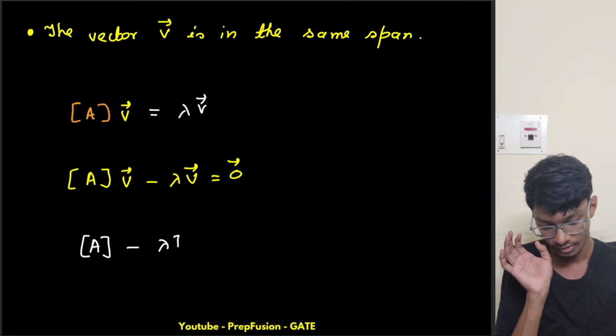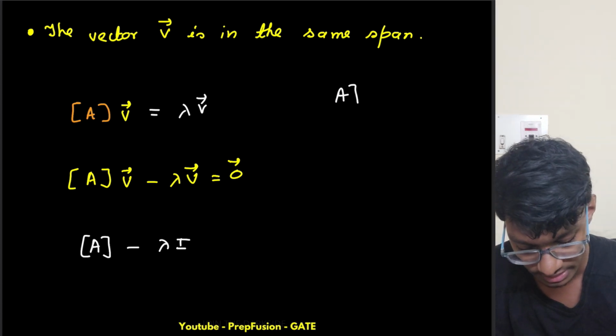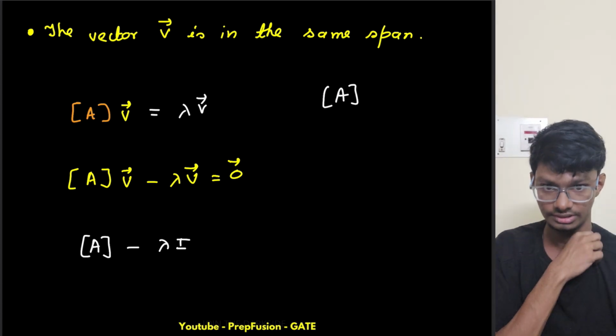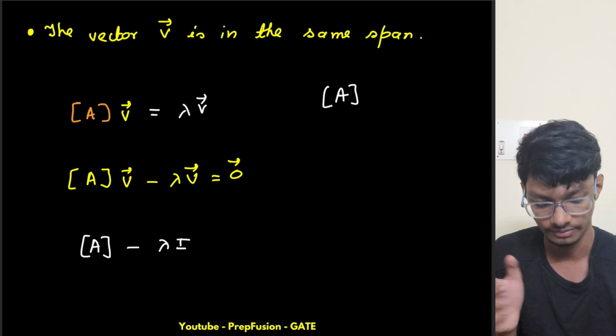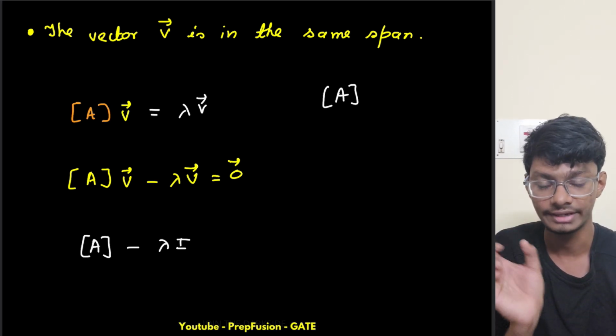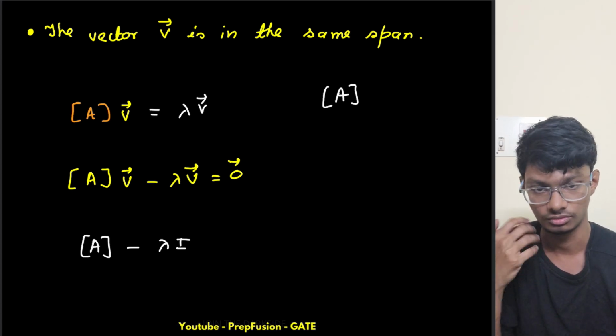Now one more thing: let's say this A is a square matrix. Eigenvectors and eigenvalues are defined for square matrices. I am not going into too much detail, I just need to prove some things to you. In mathematics class we'll go into the full details.